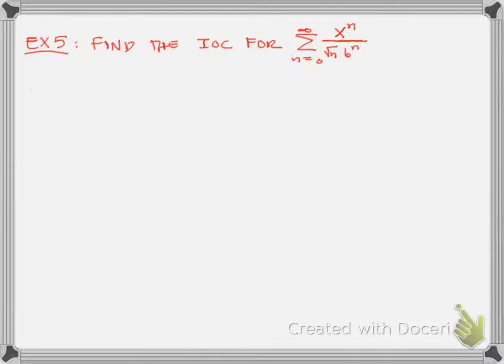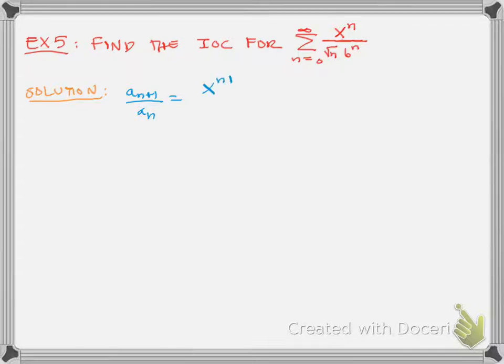So this one here, I will break up. I'm not going to do like the last one and just keep writing the limit and the absolute value. I'm going to break up because we have to do some simplification. This is how you really can do all of them, is first start off by simplifying the ratio.